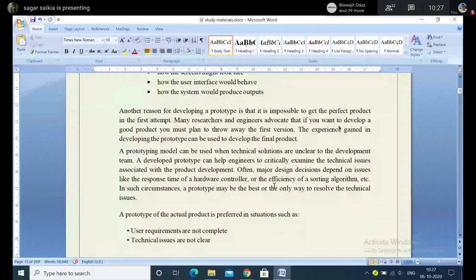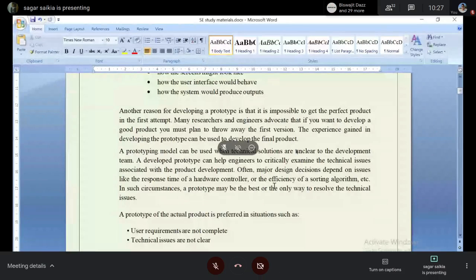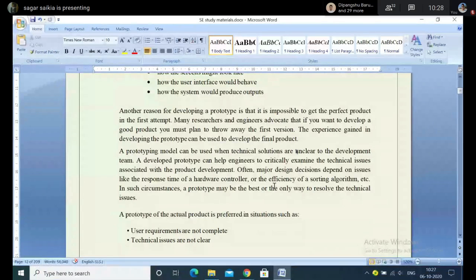There are many models, but we need to be clear in which situations and in what kind of development environment a particular model will be feasible. A prototype model is preferred when the user requirements are not very concrete and complete.